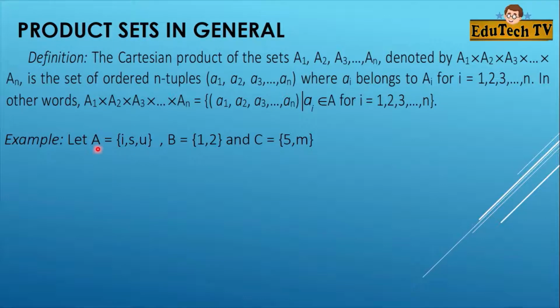Let set A equal I, S, U, set B equal 1, 2, set C equal 5, M. Then we're going to find A times B times C. So all we need to do is to write each element of each set. Then we have to multiply first I with 1 with 5. Okay, so we have I 1 5.